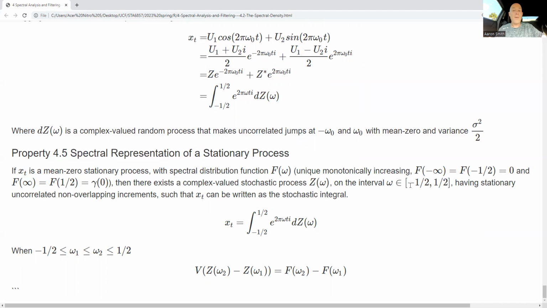That's a lot to say. And now once I have the stochastic integral, we can start using this, and we are able to compute the variance of the difference of values of Z using that spectral distribution function very nicely. And so that is the spectral representation of our stationary process.